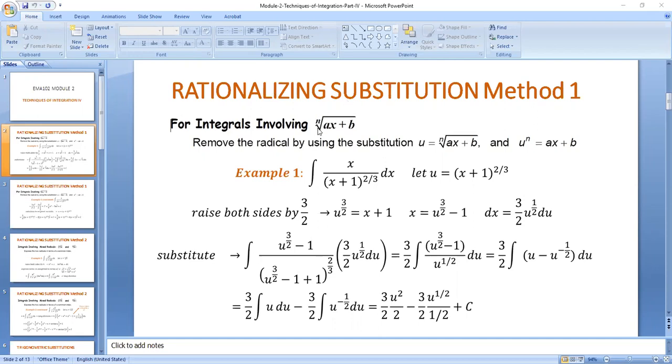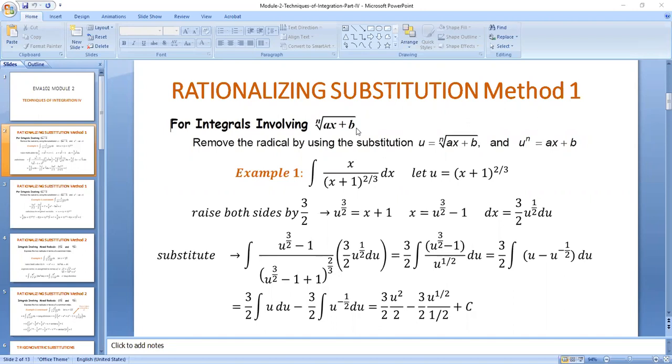Nth root meaning this could be square root, cube root, fourth root, fifth root, any nth root of the expression ax plus b. Now your variable x is multiplied to any real number and added to it is a real number b. Okay, the first thing that we need to do is we remove the radical sign, or as much as possible we do away with the nth root expression.